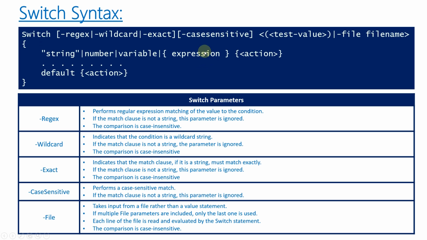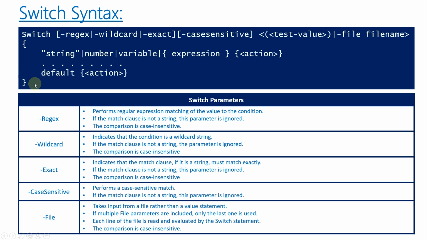Whichever it matches, for that particular match, the particular action will be executed. And we can also repeat this line. At last, if none of the conditions match and we still want some default output, then we can use a keyword called default. For the default, the action will be executed. So this is the switch syntax.